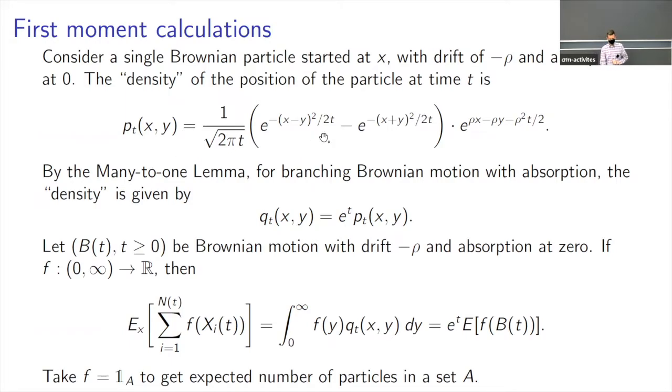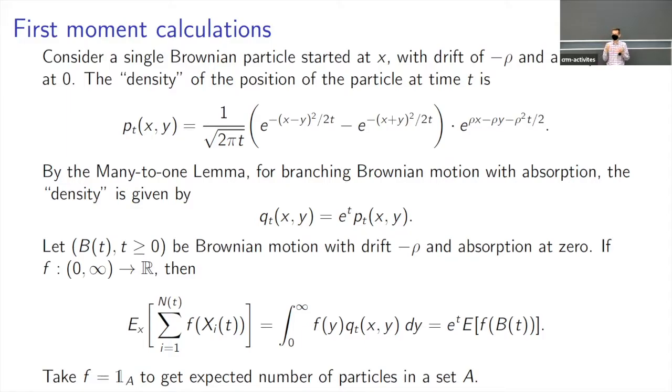So this first term is just the density of ordinary Brownian motion. This second term is a term that we subtract to account for the absorption at the origin. This can be computed using the reflection principle. And then we have a Girsanov factor, which accounts for the drift.